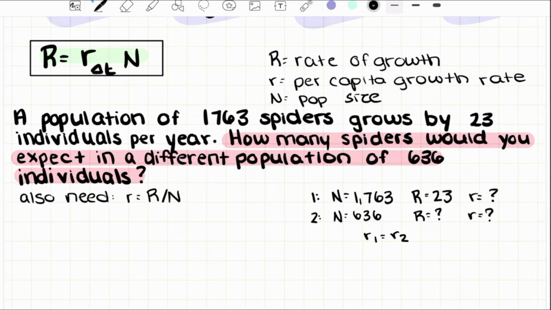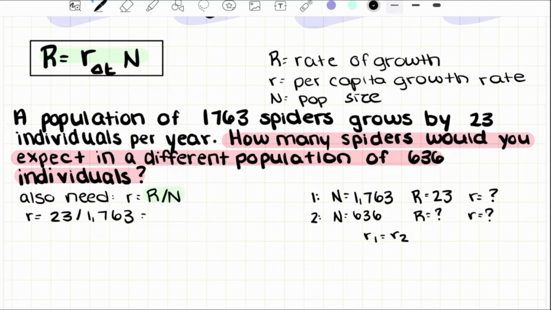So to get the per capita growth rate, we know that little r is equal to big R divided by N. In other words, the rate of growth divided by the population size.